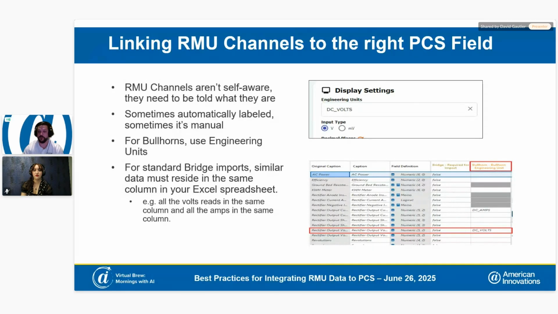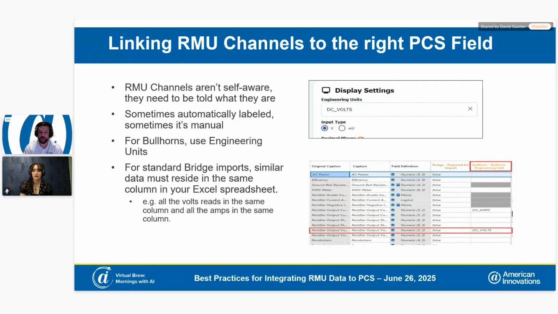So how do we do that? With bullhorns, we use something called the engineering unit. And you can see that here in the top right corner. We have kind of default engineering units that already align with PCS. So for volts, rectifier volts, it's going to be DC_volts. And then that same label is applied to the corresponding field in PCS, rectifier output volts found.